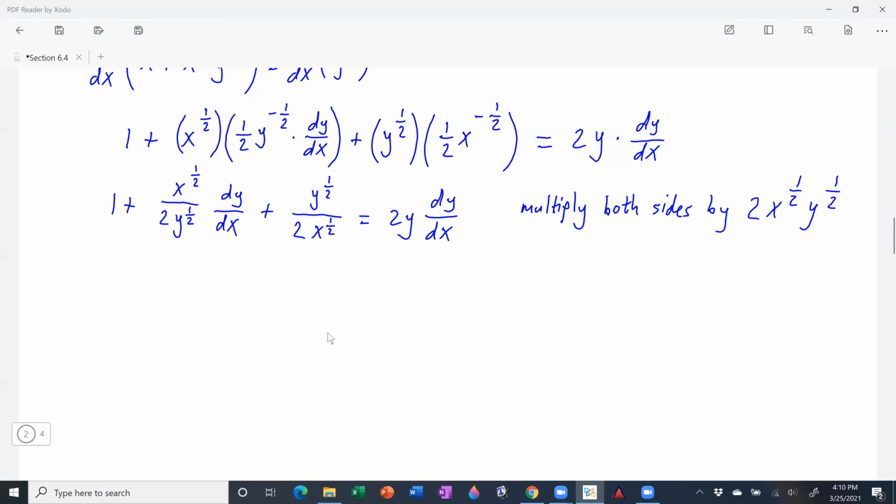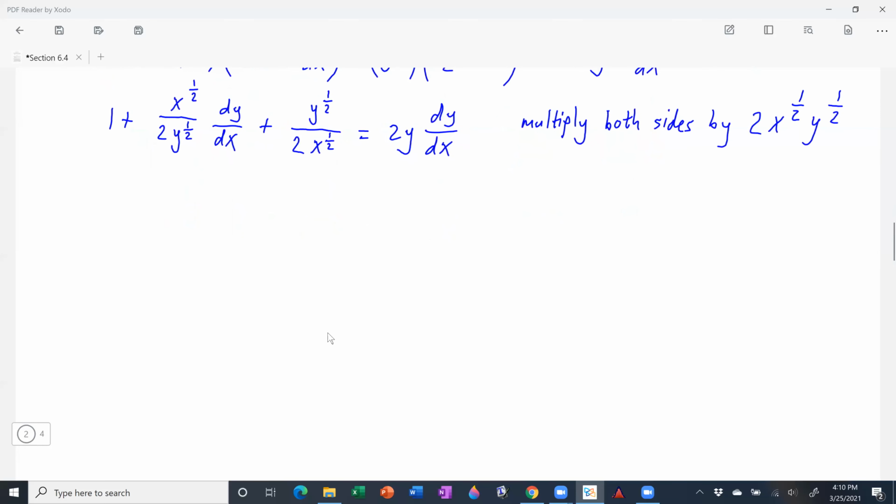Okay, so I'm going to clear fractions by doing that. Let's see, how much space do I have? Okay, I got a lot of space. I'll write that out.